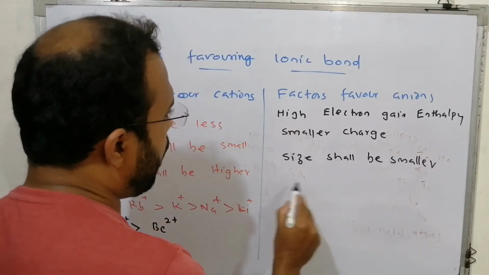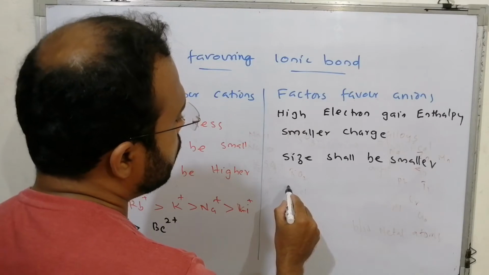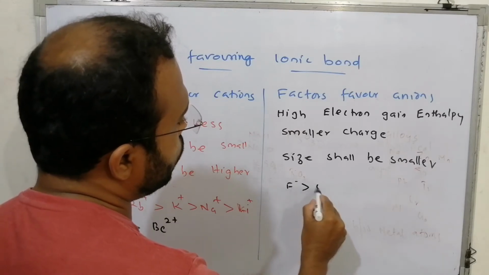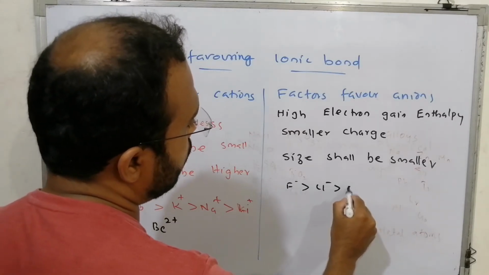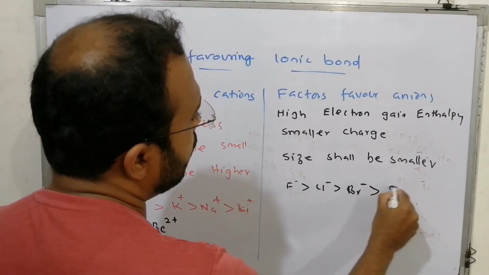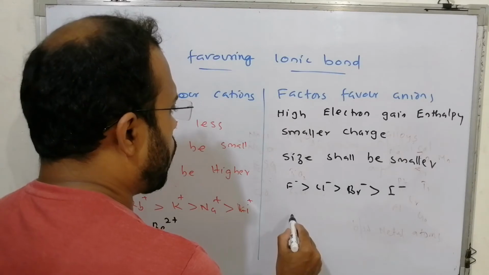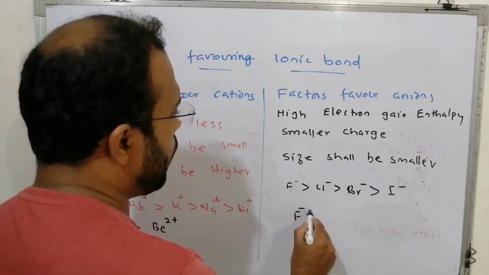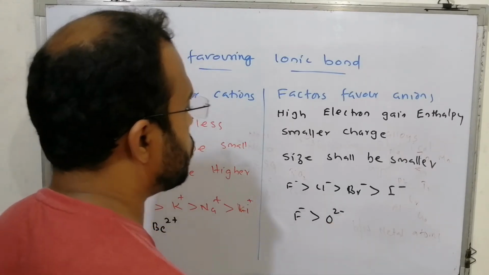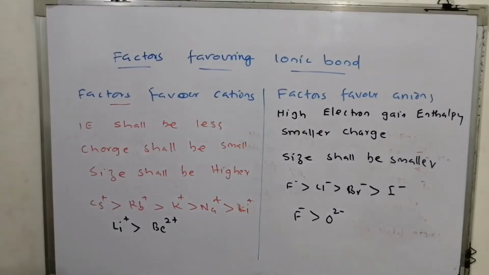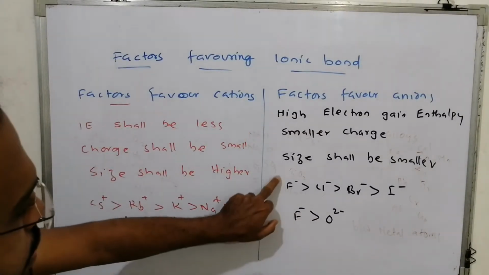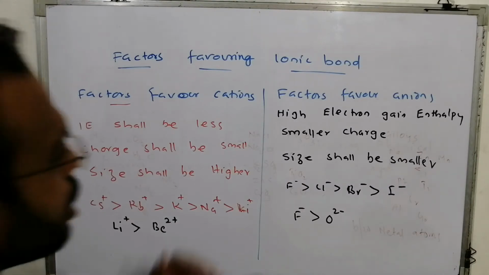I will tell you some examples. That is, F minus has good ionic character than Cl minus, than Br minus, than I minus. Okay, F minus has good ionic character than O2 minus, because charge should be smaller, size should be smaller, high electron gain enthalpy.